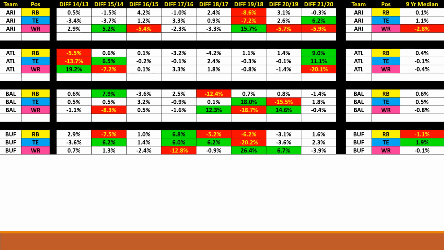I think the caveat for all this is, targets change year to year on teams and position. So this data doesn't tell you the target differences year to year, it just tells you whatever targets generate, how they were distributed, and then, of course, how they changed.